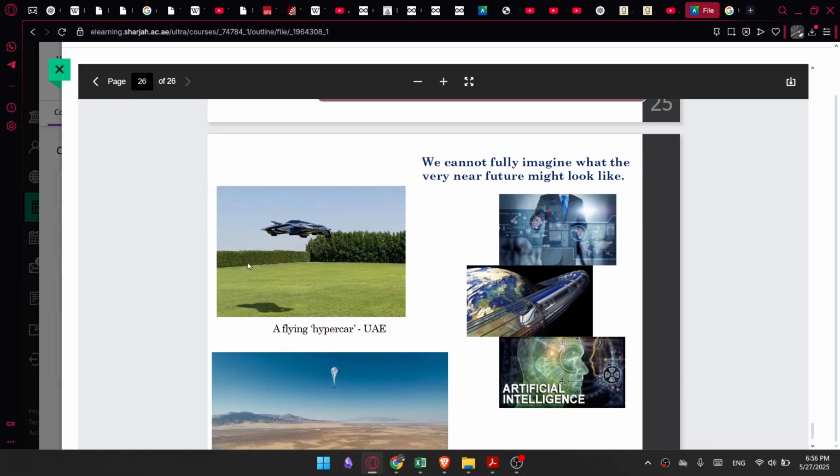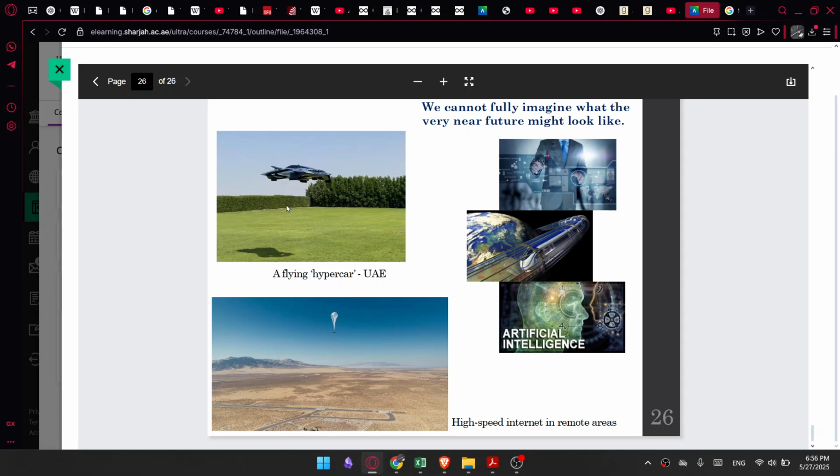We cannot fully imagine what the very near future might look like, and we have this flying hypercar, and we have already seen this. Actually, we see some Chinese scientists and engineers develop many things in the field of AI and information technology.